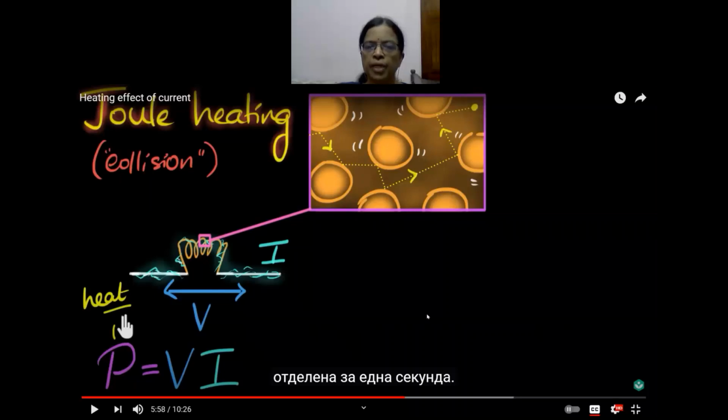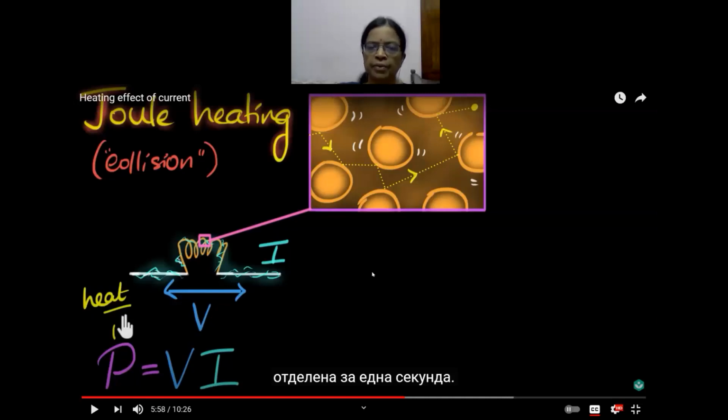In our nearby station also a transformer is there. Very high voltage is stepped down to 230 volt, and that voltage is given to nearby houses. Big factories need very high voltage, so the required voltage is given by the transformer.